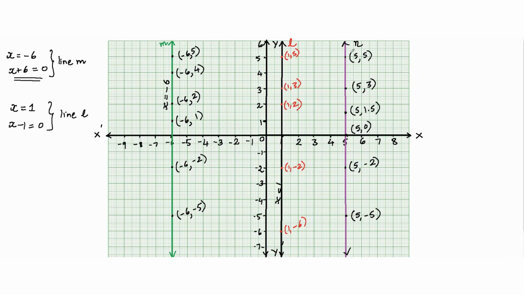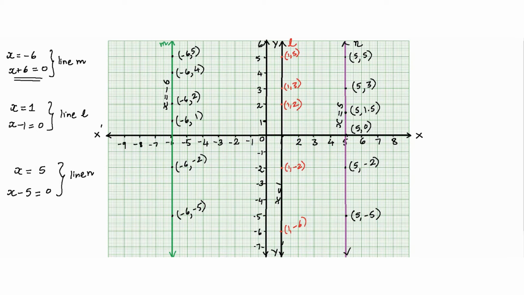You will notice that all these points have their x coordinate equal to 5, and therefore the equation of this line is x equals 5. So for line N, x equals 5 is the equation, or x minus 5 is equal to 0.